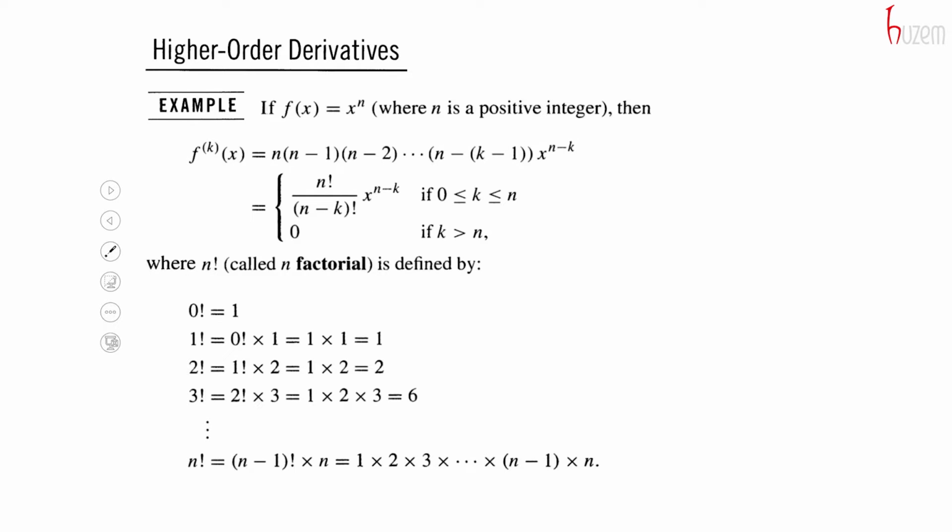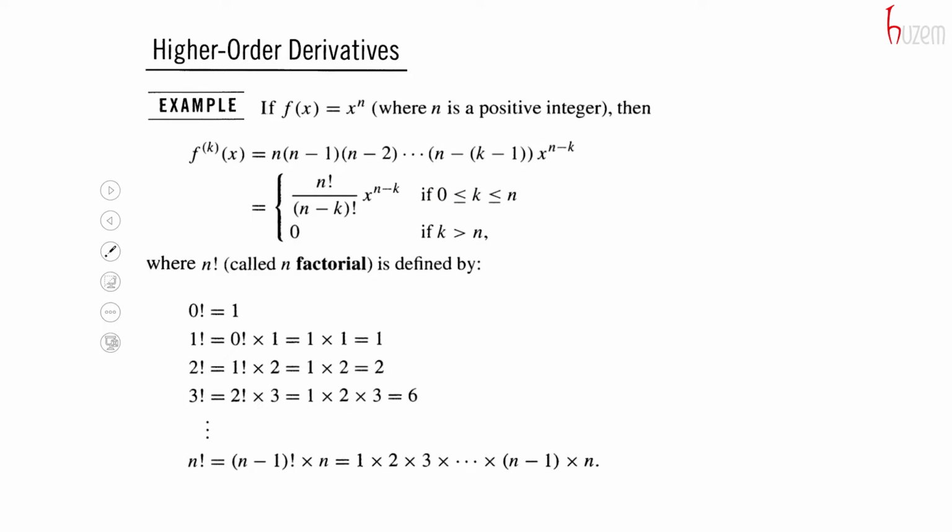Okay, let's look at higher derivatives of the function f(x) equals x to the power n, where n is a positive integer. Then, if you think about it, you'll come up with this formula for k between 0 and n.